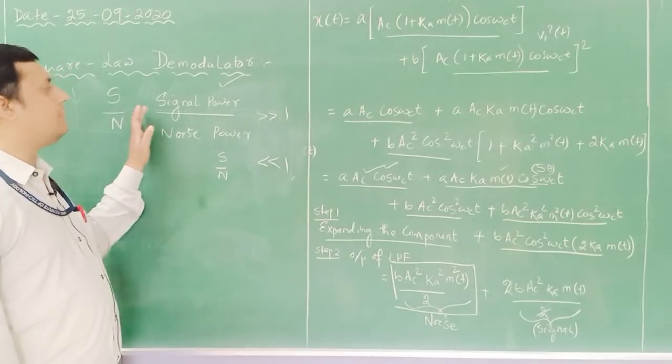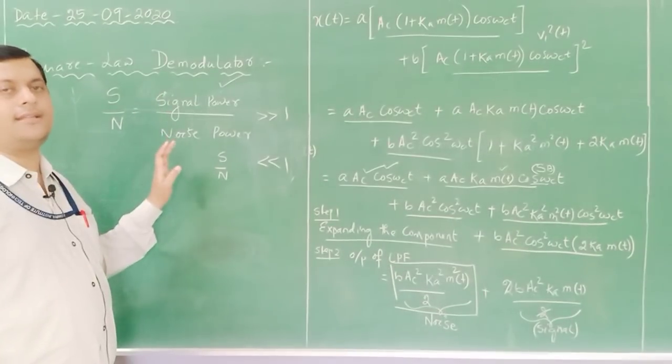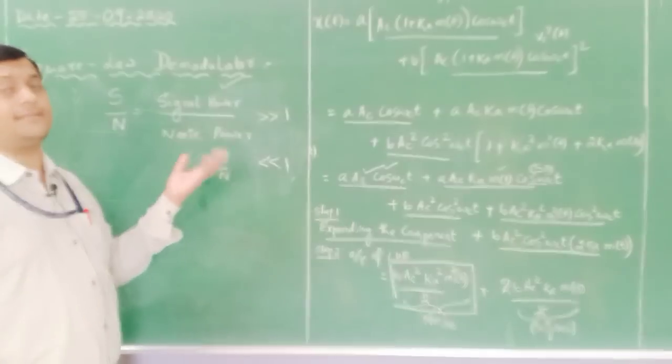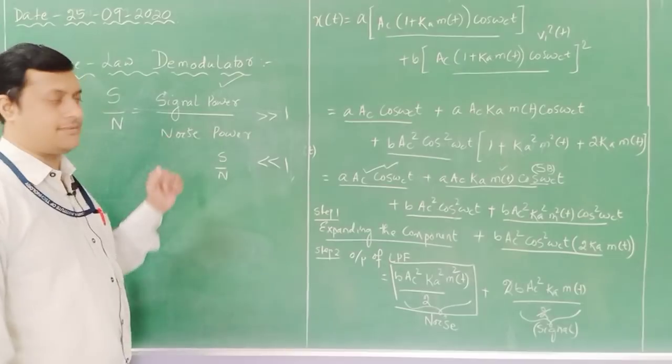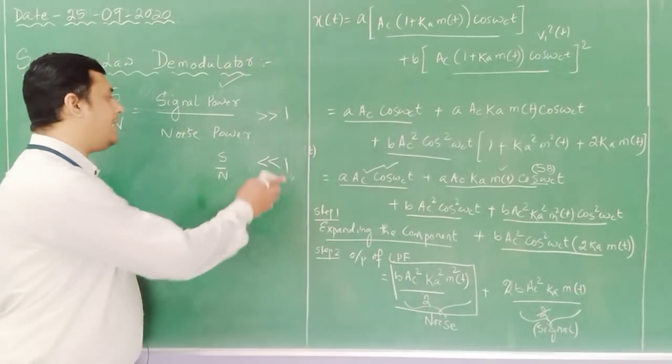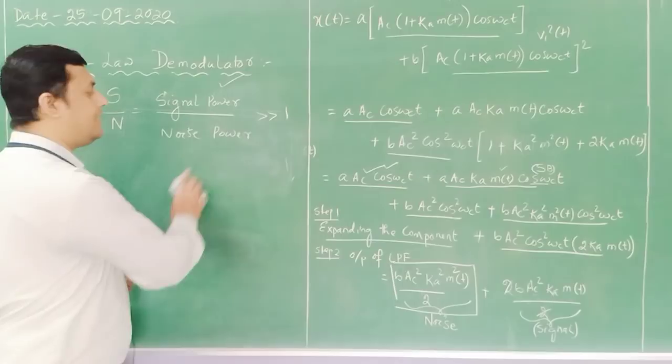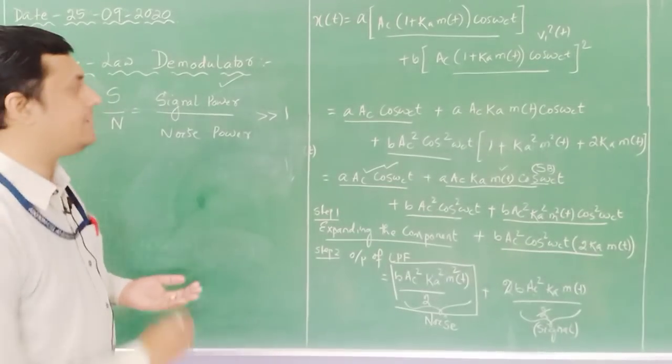So we have to check whether our signal to noise ratio is greater than 1 or less than 1. If it is greater than 1, then only we can reconstruct the original signal, and if it is less than 1, then we cannot reconstruct the original message signal.